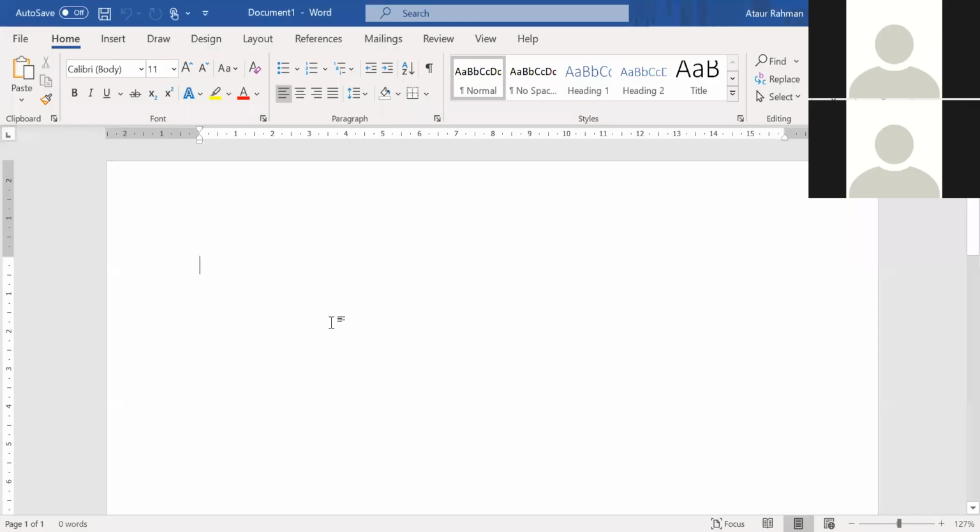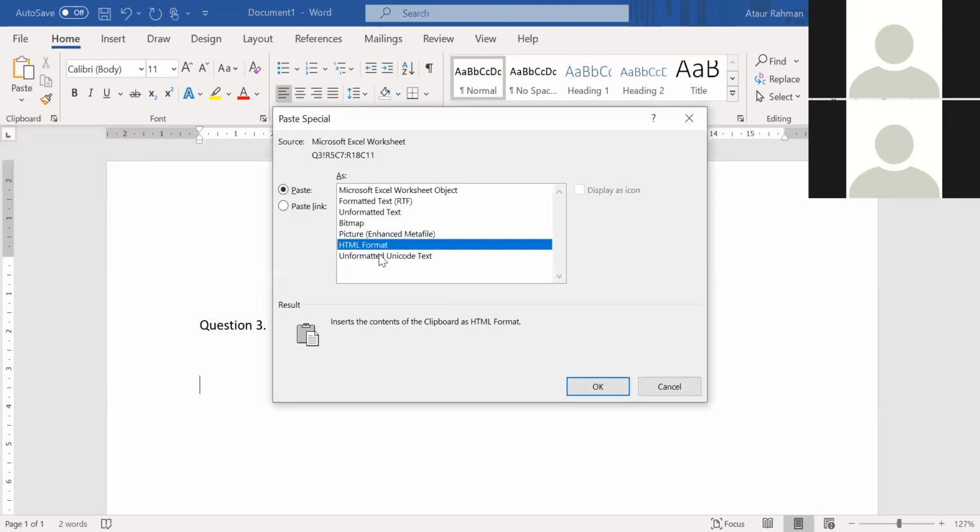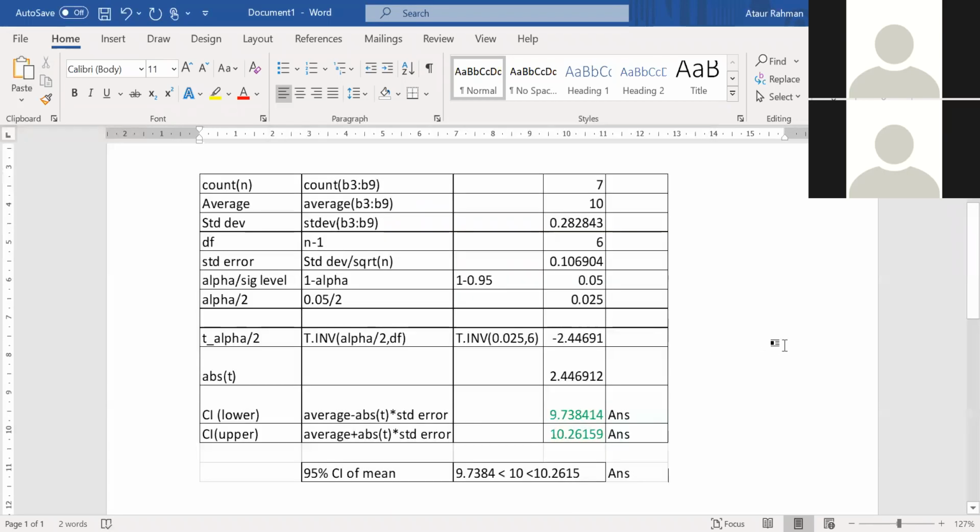So this is my Word file. Can you see the blank Word file here? And I say my question 3, and then I want to put the solution here. So I go to paste here, and then I go to paste special, and I put it as a picture enhanced metafile. So you see everything is here, is that right?